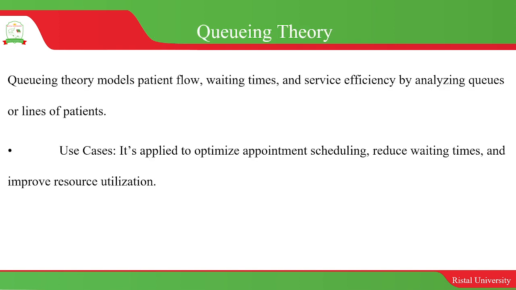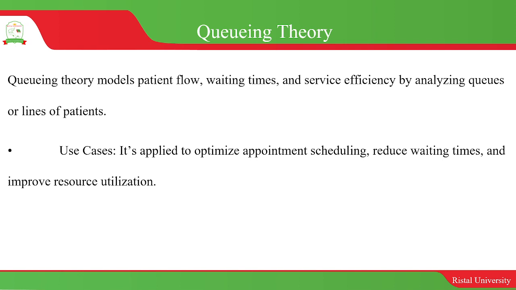Okay, we look at the queuing theory. Queuing theory models patient flow, waiting times and service efficiency by analyzing queues or lines of patients. So this is all about looking at the patient flow and the queuing. Why are people so congested, why is the line not moving?